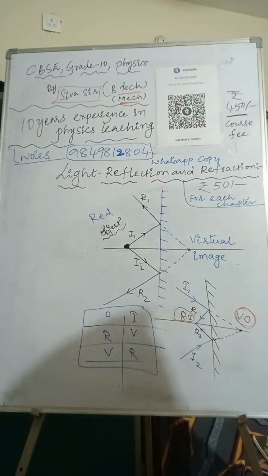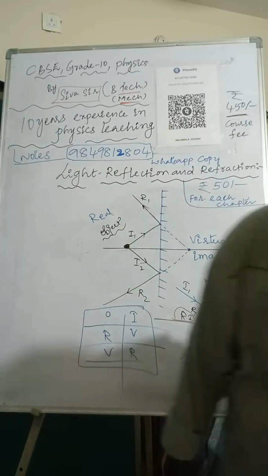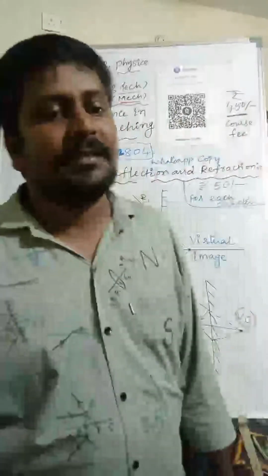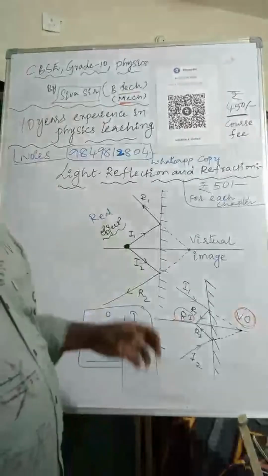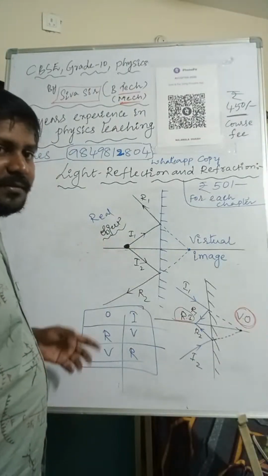So clear? Now we'll discuss the plane mirror, the image formed in the plane mirror. We'll discuss the characteristics and nature of the image formed in the plane mirror now. Are you ready?